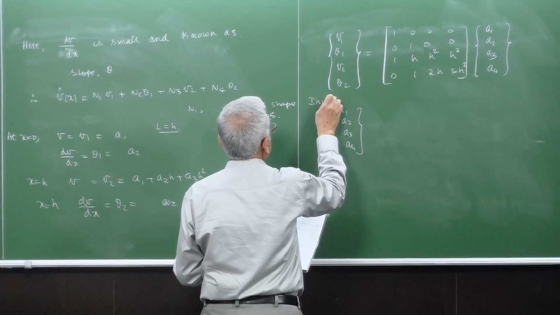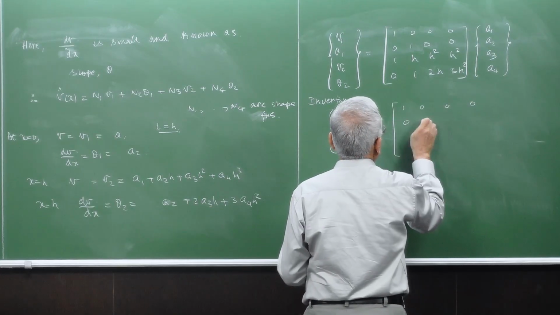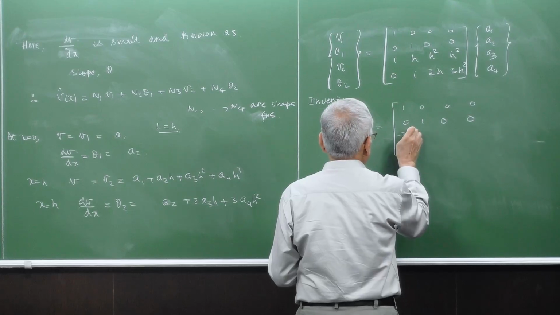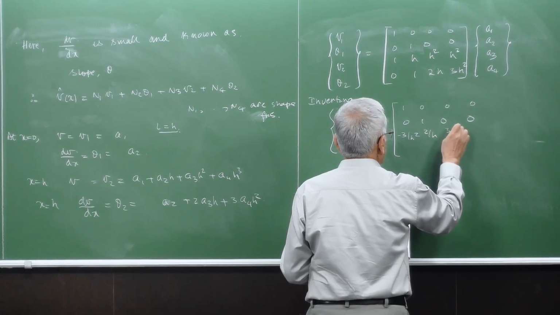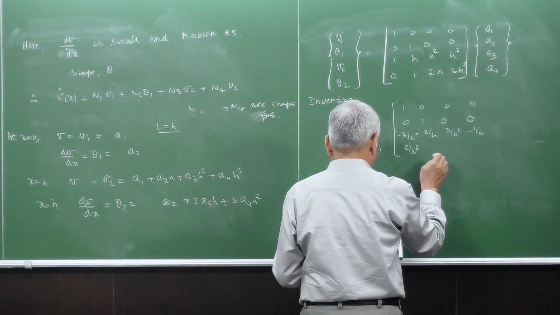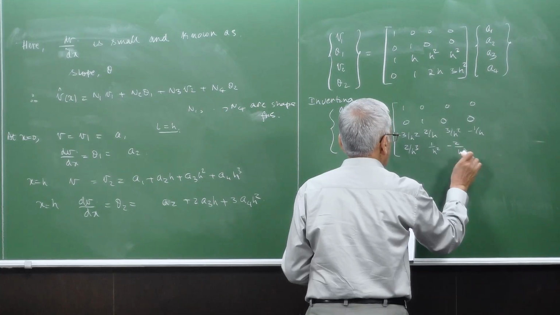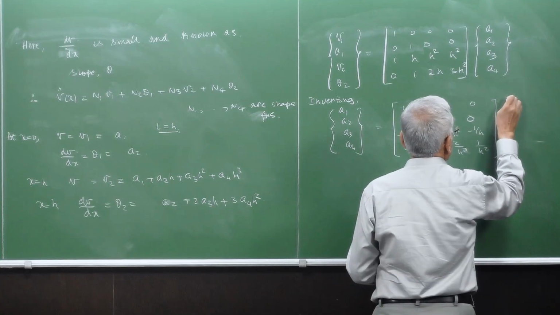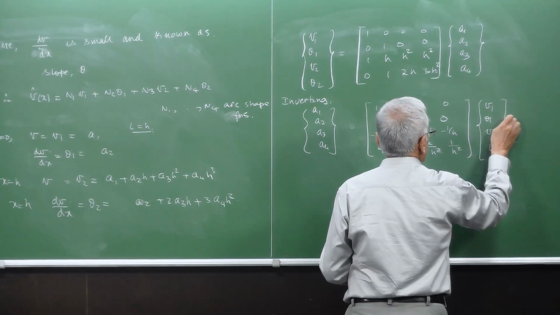So inverting, we get minus 3 by h square, 2 by h, 2 by h cube, 1 by h square, minus 2 by h cube. Okay.